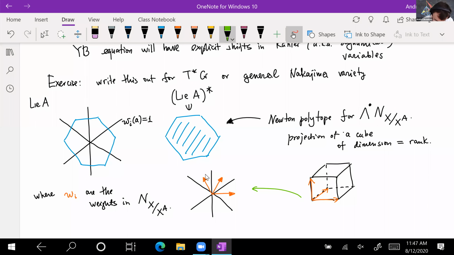And that would look like, this is fun to draw, this projection of a cube called a zonotope. It'll be tiled like that. And then it's exactly this six-gon that we're talking about here, right?